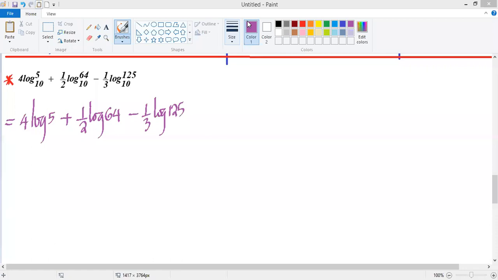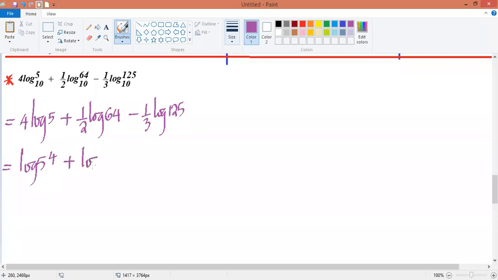I think we get log 5 to power 4, plus log 64 to power half. We put the brackets.